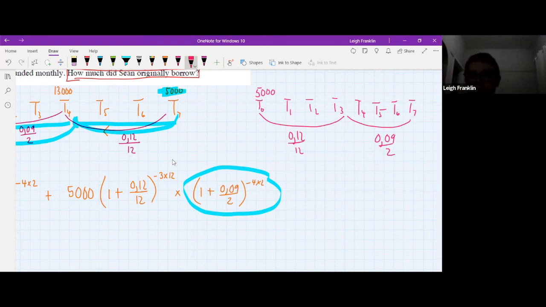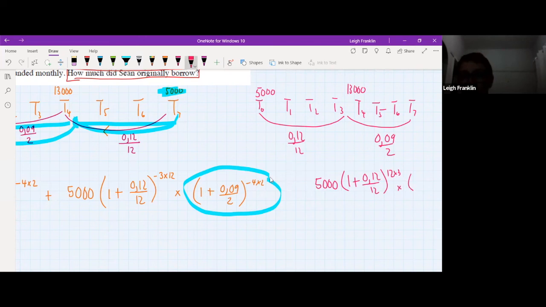Then at this time period, he borrows another 13,000. If I said to you, how much money did he borrow in total? Can you see why you would have the 5,000 with 1 plus 0.12 over 12, to the power 12 times 3?